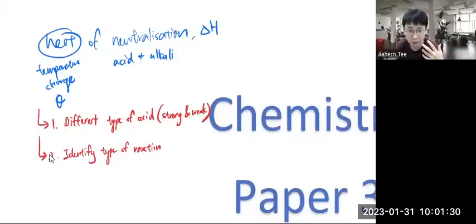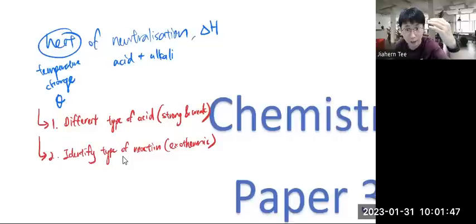It means you try to define and prove that heat of neutralization is an exothermic reaction. This one will be the easiest among them, because there is no manipulated variable inside here. You just do the experiment, you see heat release, you see the temperature increase, then you prove that it's an exothermic reaction. So question number 2 is slightly easier than the rest because there is no manipulated variable.